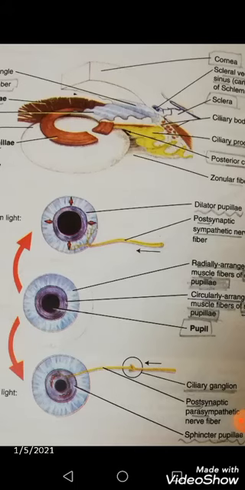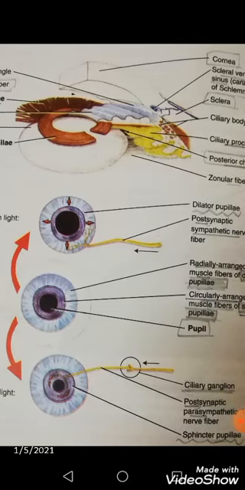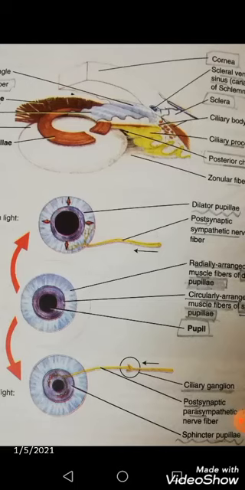Parasympathetic stimulation supplies your sphincter pupillae, which is circularly arranged, and by decreasing its diameter it constricts the pupil, leading to pupillary miosis. And sympathetic stimulation acts on the radially arranged dilator pupillae muscles and increases the diameter, meaning it dilates your pupil.